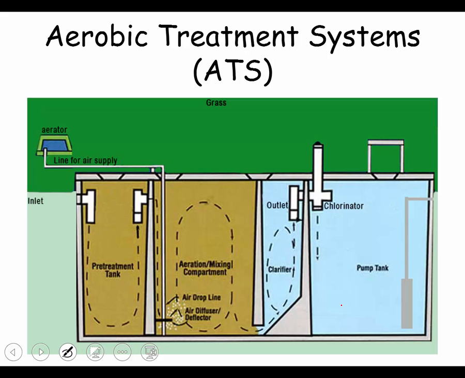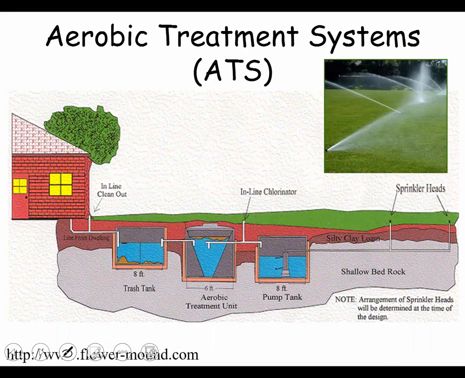Basically, water comes into a series of tanks, a pre-treatment tank, and then it's aerated, and then it's clarified, and then it's chlorinated, and then it's pumped out. So literally, it is a local residential sewage treatment plant. You're both aerobically and chemically treating it, and then you're spraying it out.